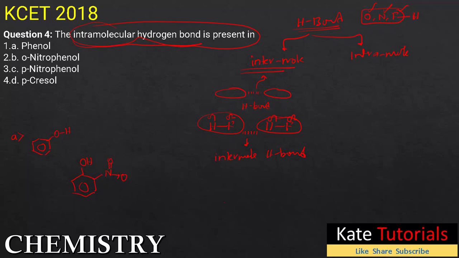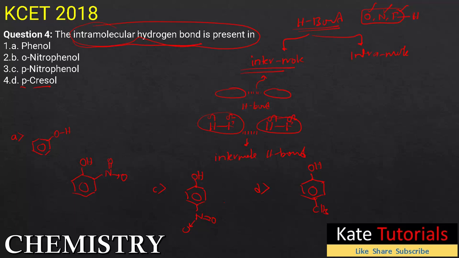C is para-nitrophenol: benzene, here OH so it is phenol, para position again NO2 group, N double bond O. And D is para-cresol. Cresol means nothing; this is benzene, this is phenol, and at the para position if I have CH3, it is para-cresol. So A, B, C, D.